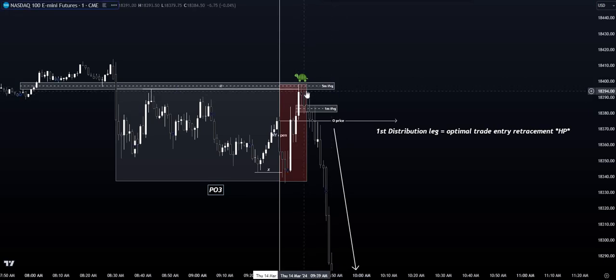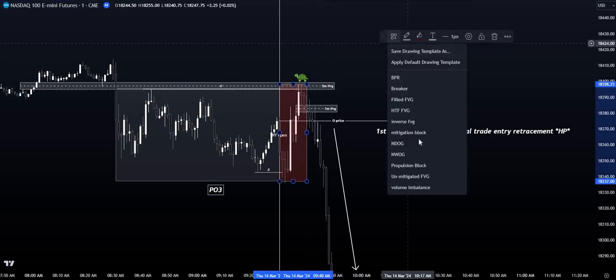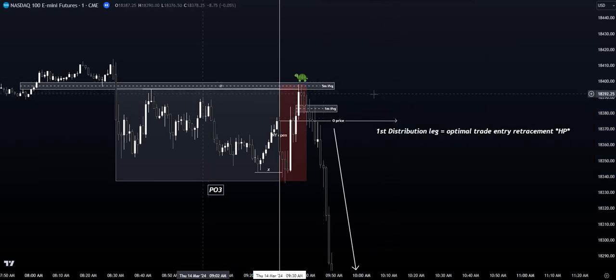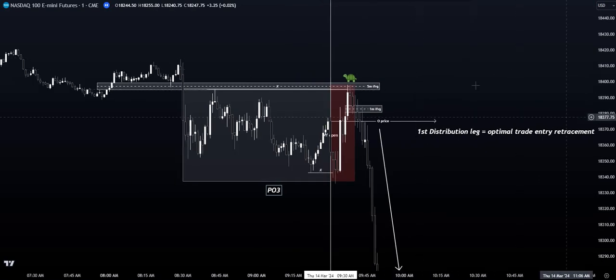Now, when we manipulate higher, you can either have one of two types of Judas swings. Remember, Judas swing is just another name for manipulation, right? We can either tap into some type of PD array that is a draw on liquidity for the market algorithm, or number 2, we can take out some type of liquidity.